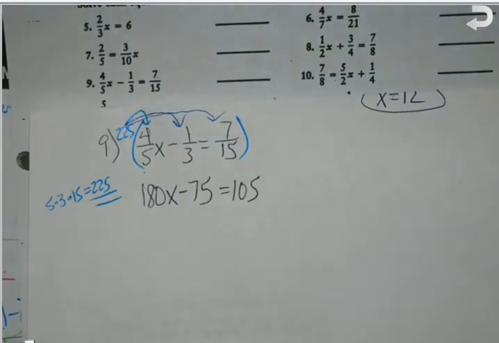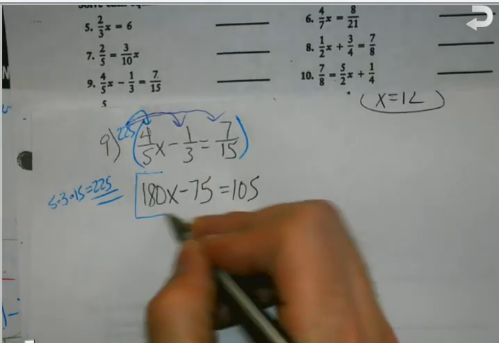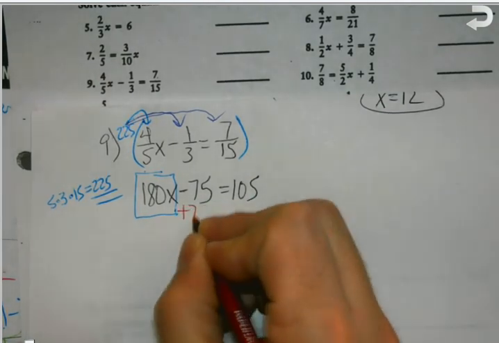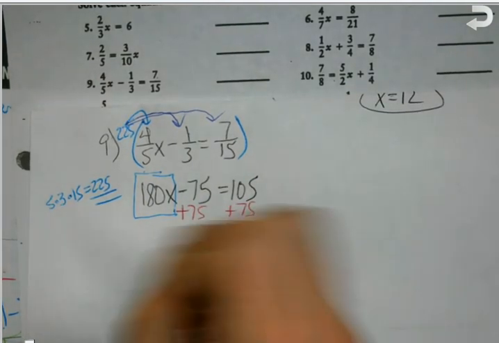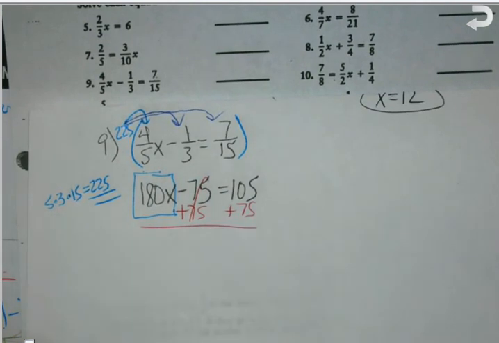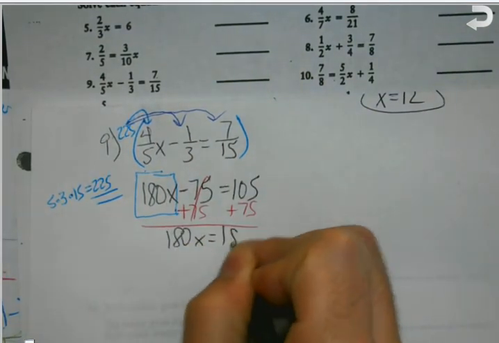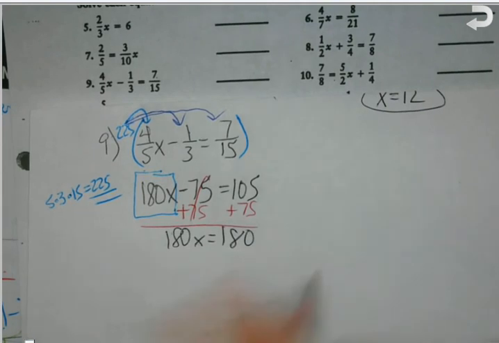They are, but again, if we know our steps, this isn't really a big deal. I want to get 180x alone. How do I get the minus 75 out of there? Plus the 75. And then just divide by the 180.